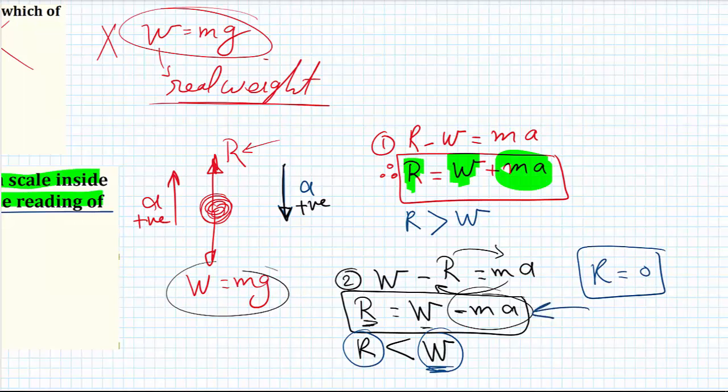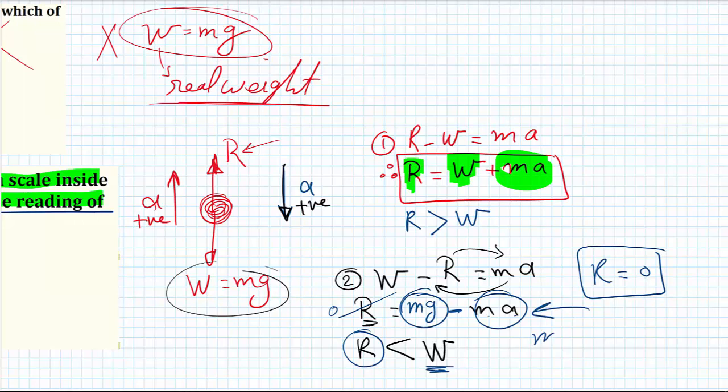R equals zero when W equals mass times acceleration. So W, which is mass times gravity, minus mass times acceleration will be zero. So mass times gravity equals mass times acceleration. Remove the mass from each side. That means the acceleration of the elevator must equal the gravity acceleration.